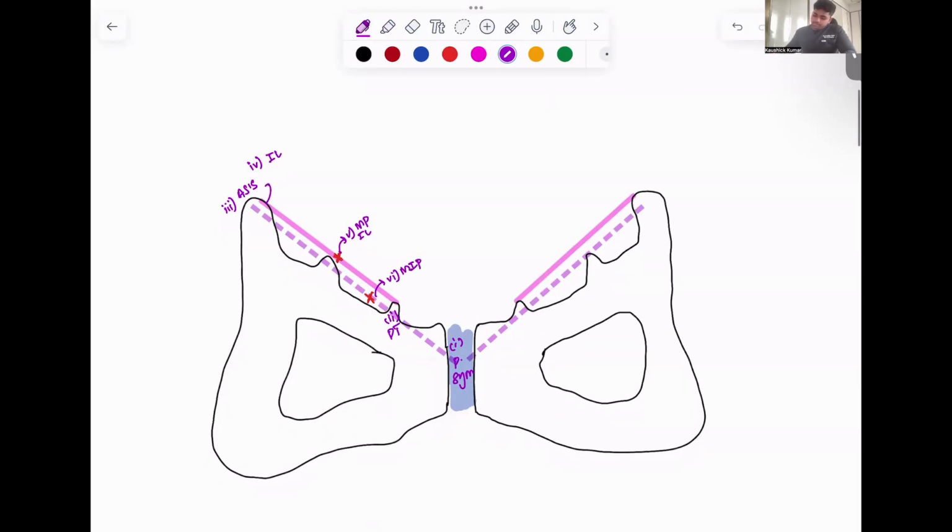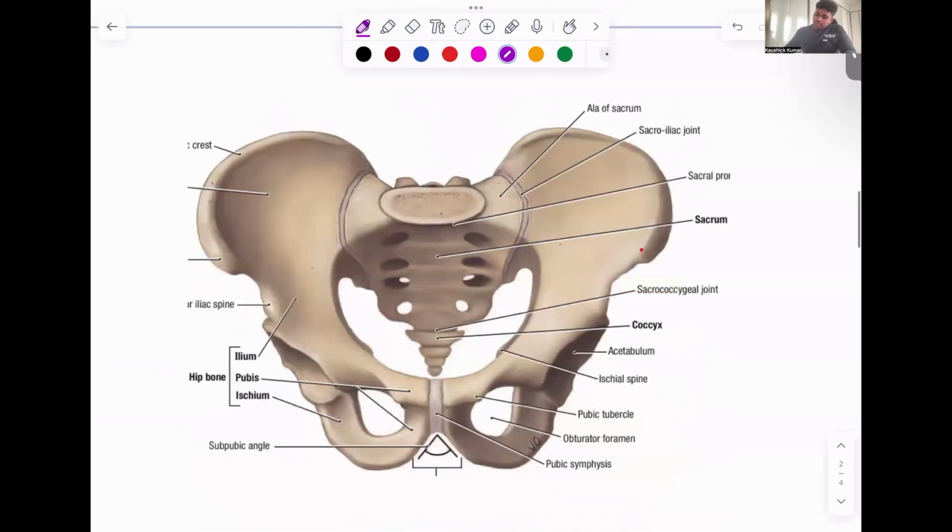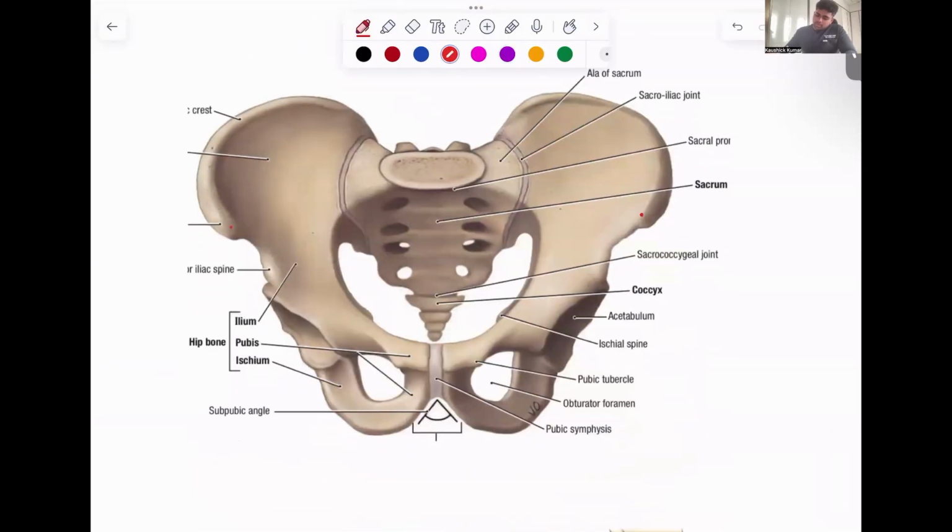We can see the same in this image as well. This is ASIS. This is pubic tubercle. And this is your pubic symphysis.